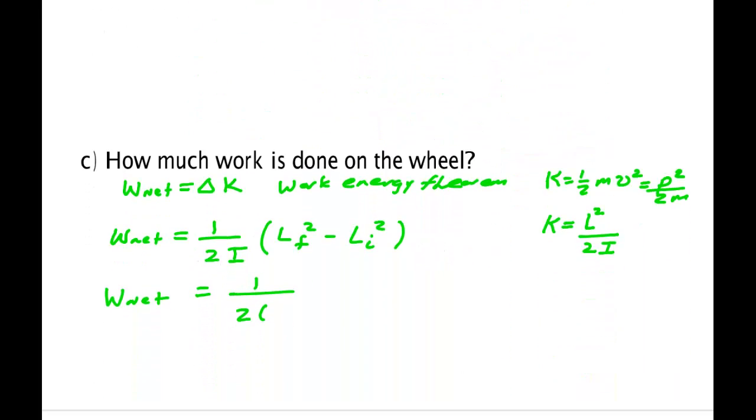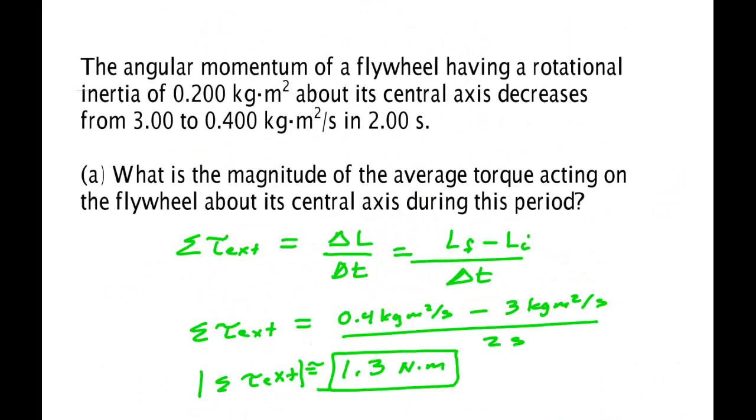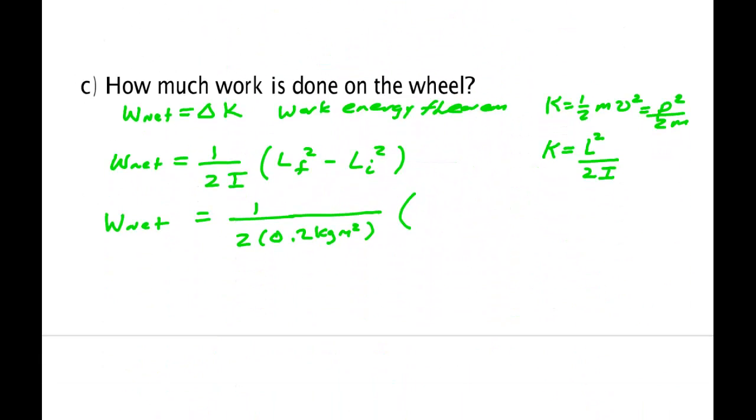And then we had 0.4 kilogram meters squared per second minus 3 kilogram meters squared per second, and each one of those needs to be squared.